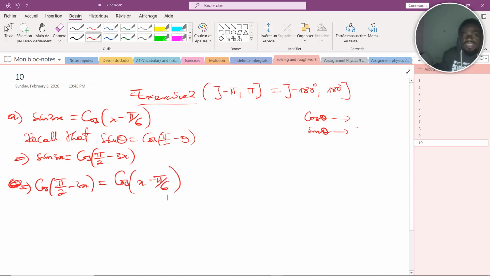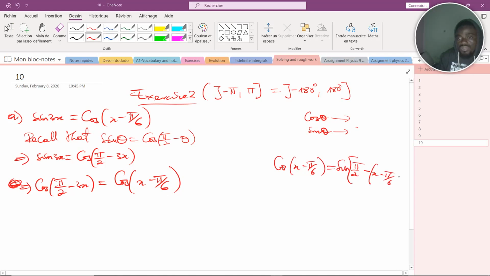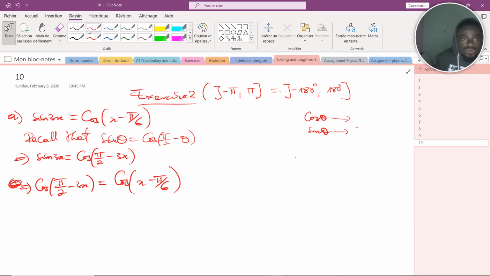You could still decide to transform instead this one, cos of x minus pi on 6. This whole angle will be equal to what? Sine of pi on 2 minus the whole of this angle, x minus pi on 6. So it depends on you. You understand what I'm saying? Use any approach that you think favorable.